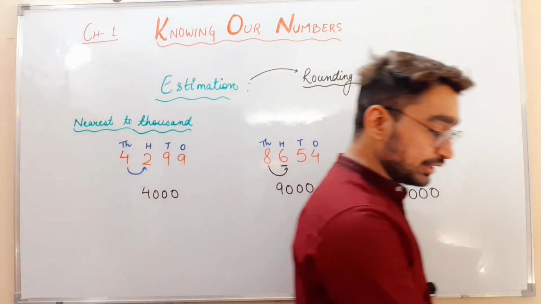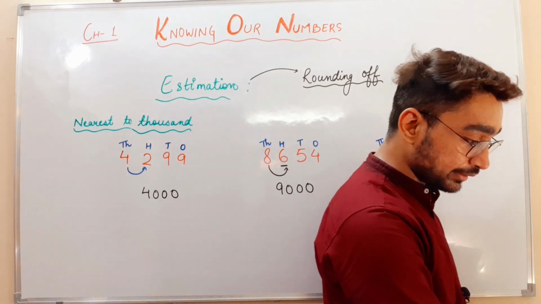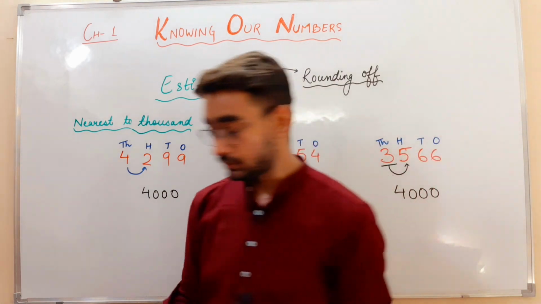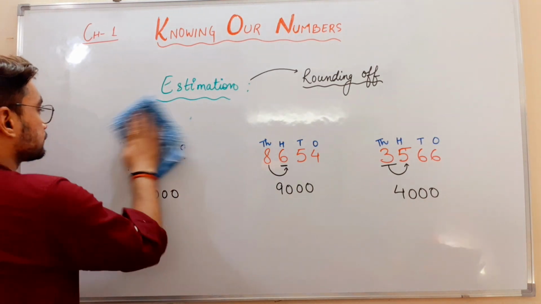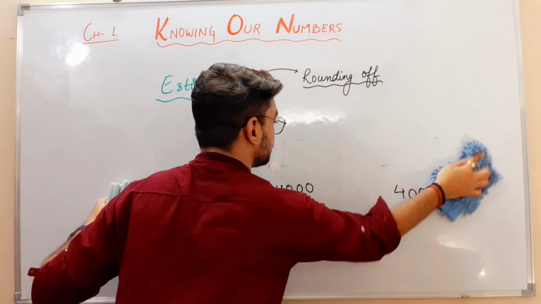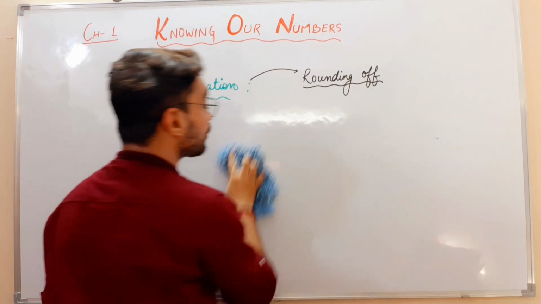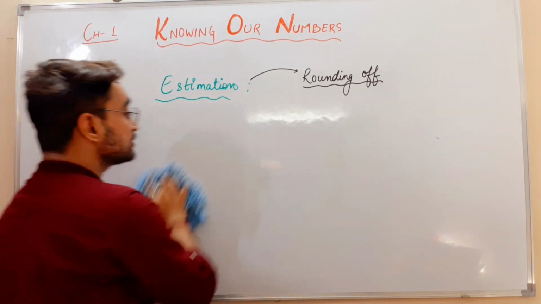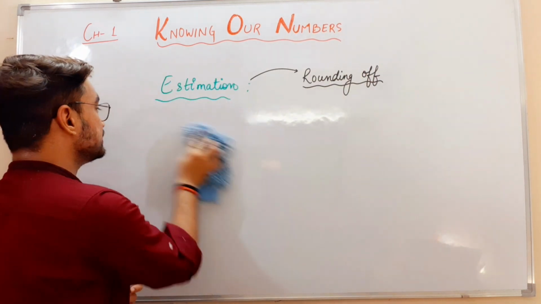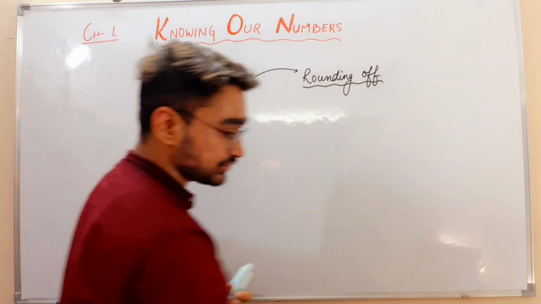Now let's see which type of questions are coming here in rounding off. By using estimation and rounding off. This estimation and rounding off is actually being used in all the mathematical operations like subtraction, addition, multiplication and division.